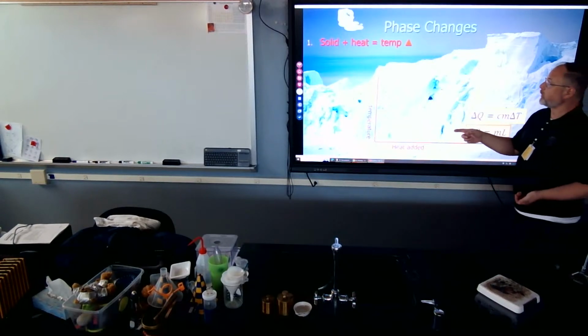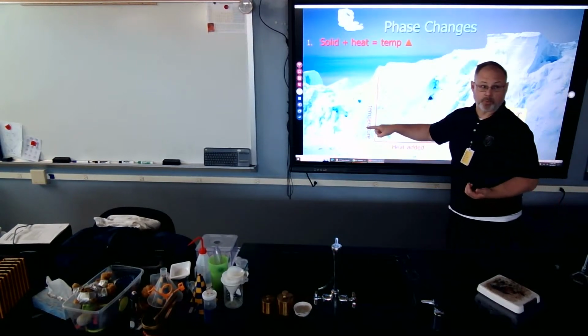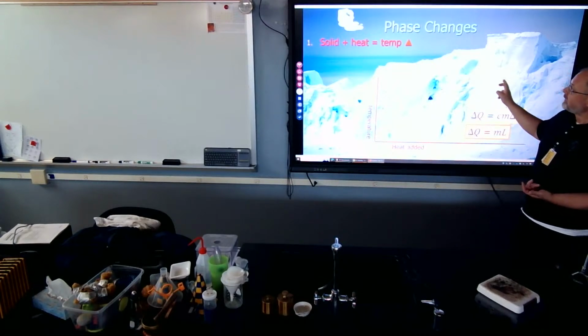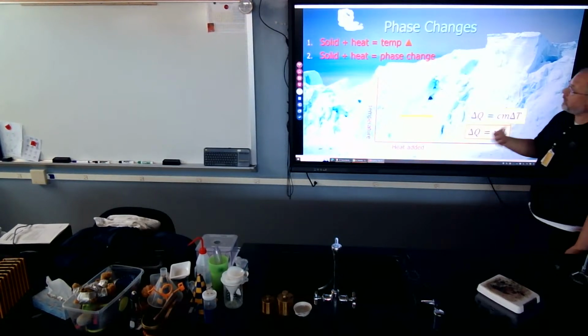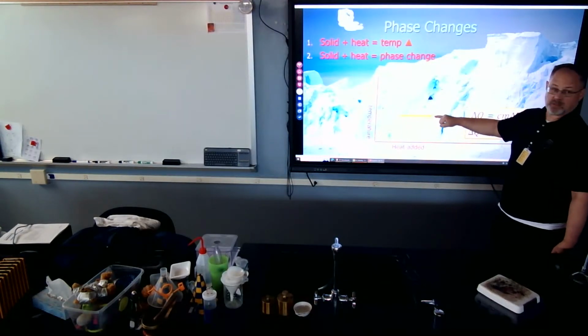Once it gets to the melting point of ice, 0 degrees, it starts melting. All of the energy it takes from the environment goes to melting. So if you stuck a thermometer in that pool of ice water, it would be at 0 degrees, because all the energy goes into the phase change.